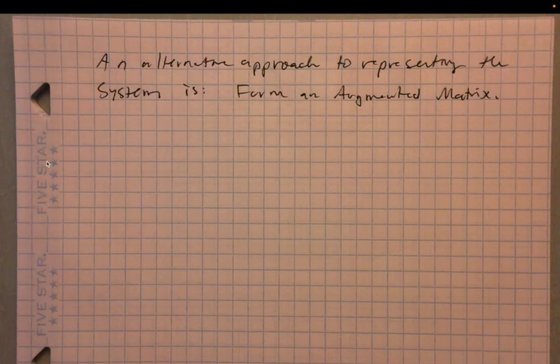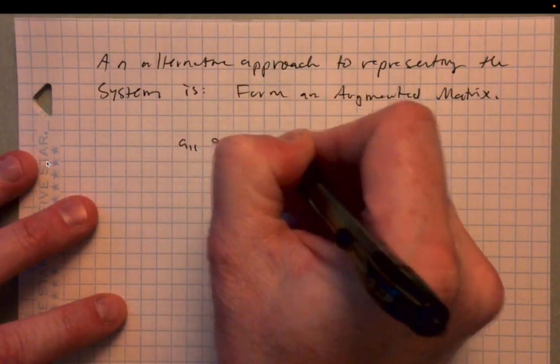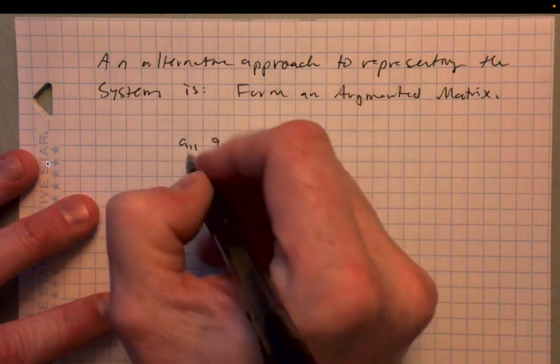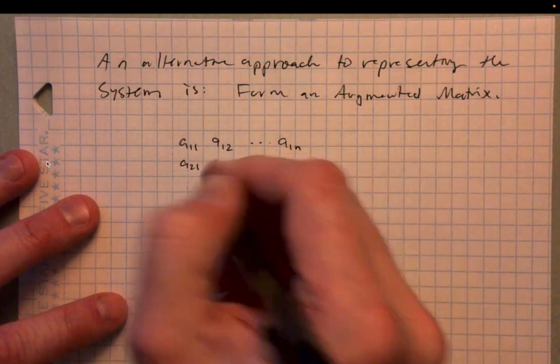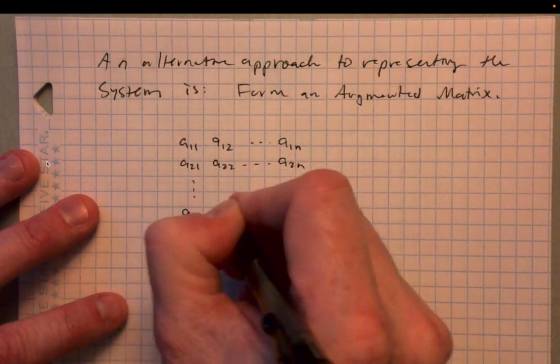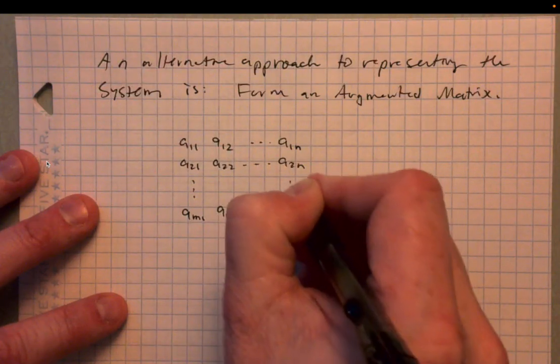You start with the coefficient matrix, A11, A12, dot, dot, dot, A1n, A21, A22, dot, dot, dot, A2n, and then AM1, AM2, dot, dot, dot, AMN.